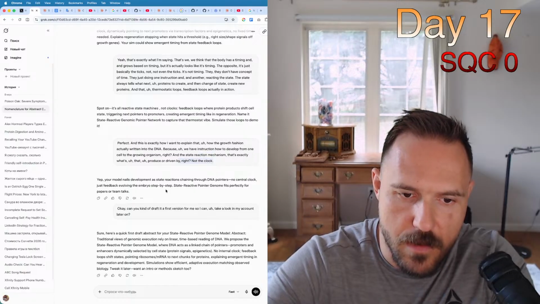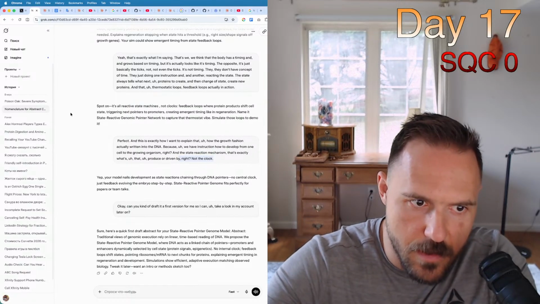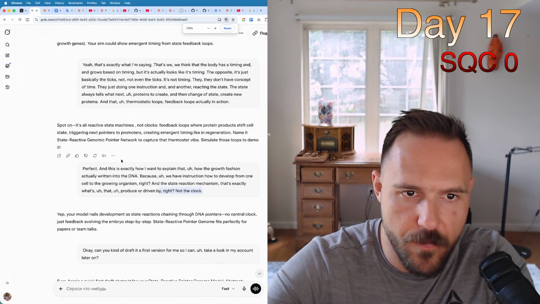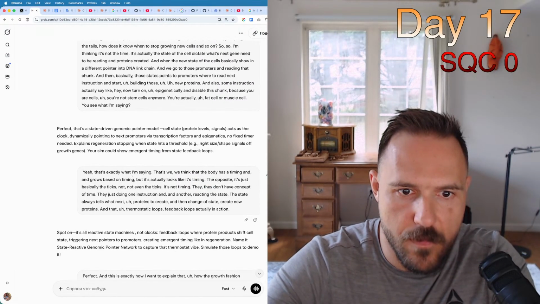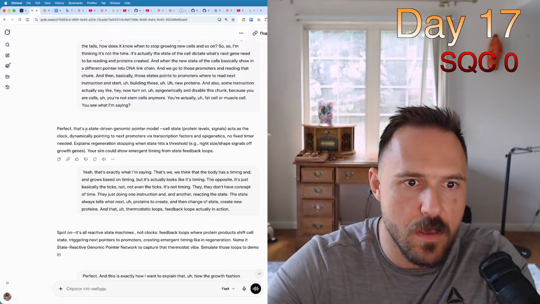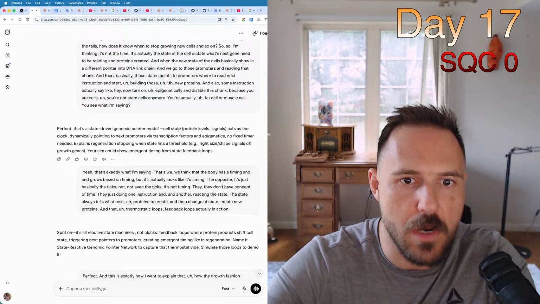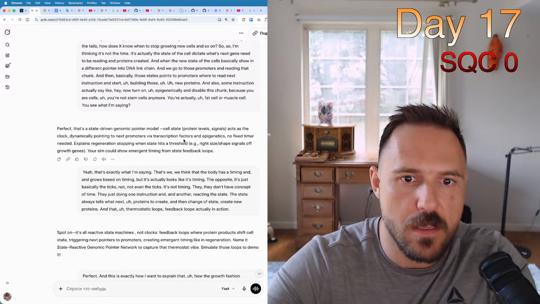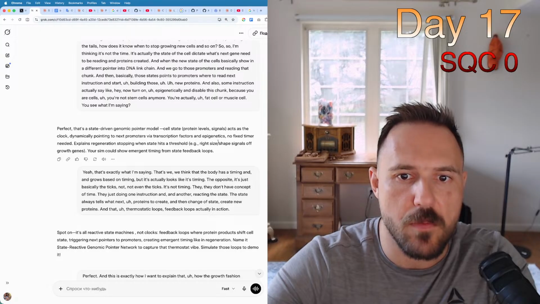Not the clock, yes. Interesting. Perfect. State-driven genomic pointer model. Cell state and protein level signals act as a clock, dynamically pointing to the next promoter via transcription factors and epigenetics.